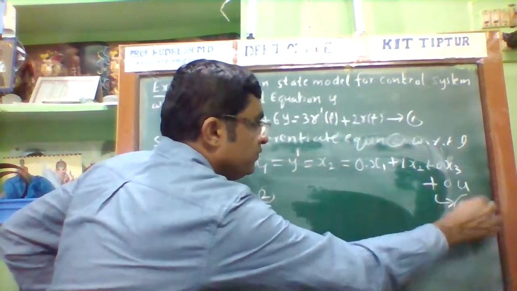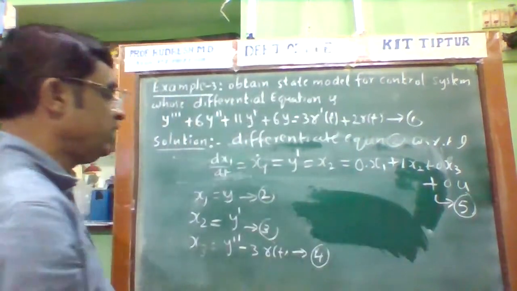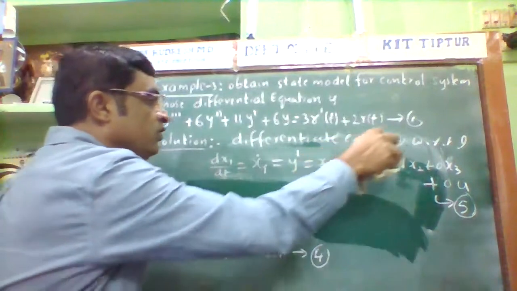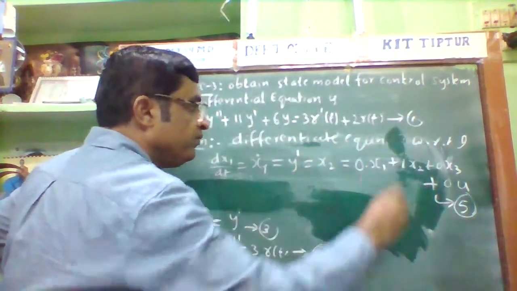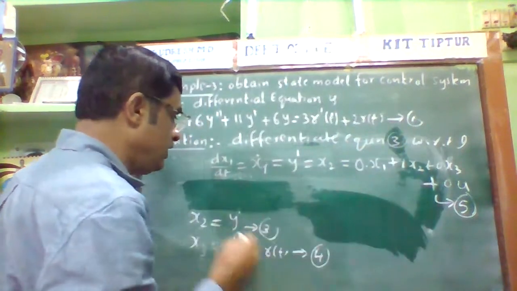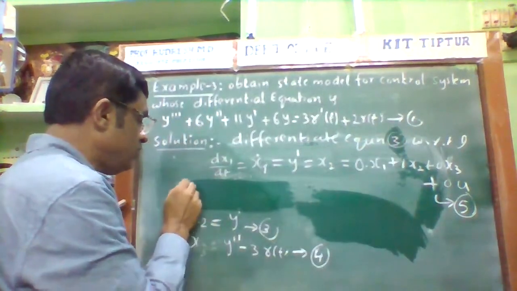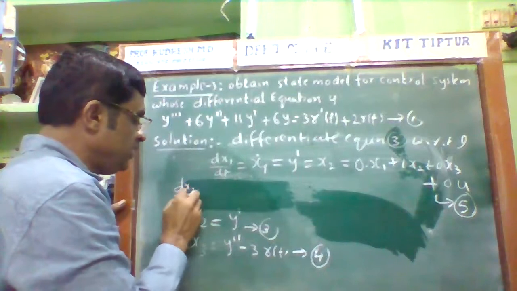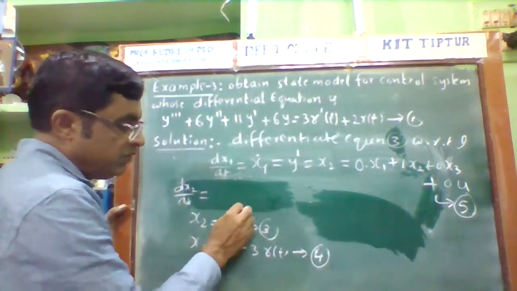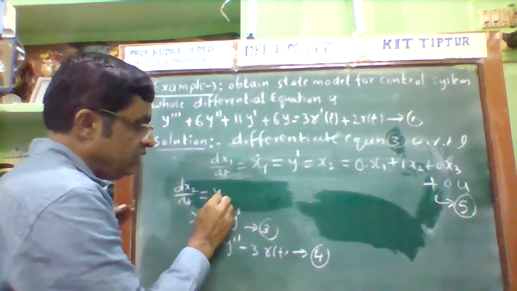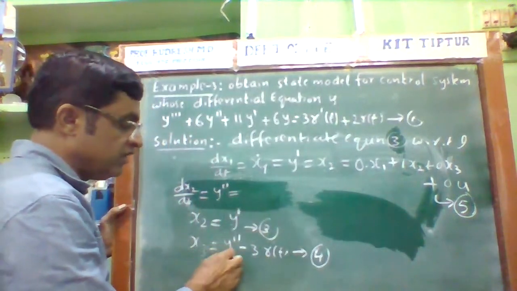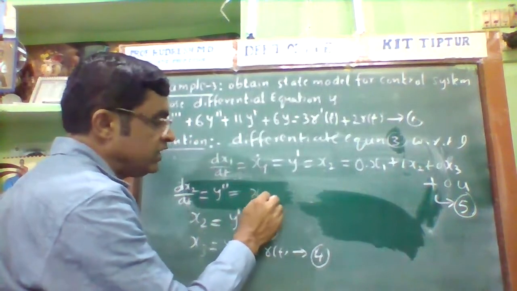Now similarly, differentiate equation 3 with respect to t. What is the value of dx2 by dt? On the left hand side, if I differentiate y dash, it becomes y double dash. What is the value of y double dash? It is equal to x3.